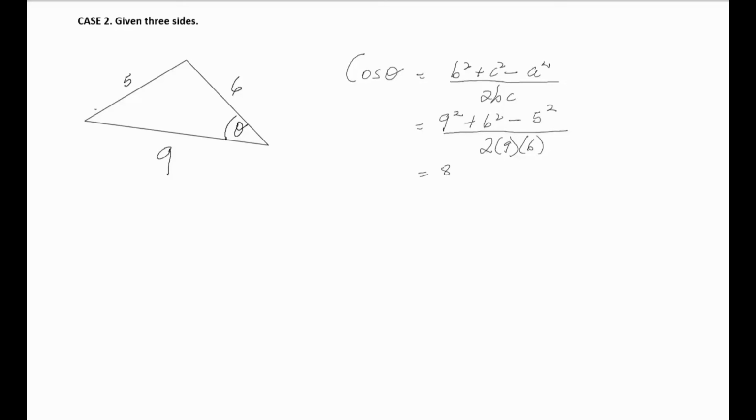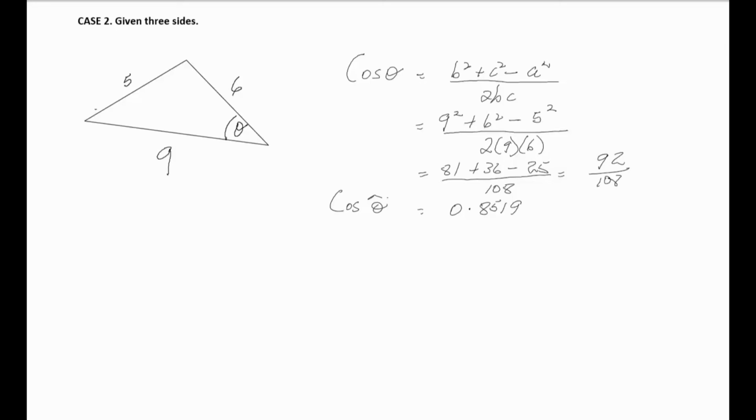This gives us 81 plus 36 minus 25 over 108. And this gives us 92 over 108. That is 0.8519. And remember, this is the cosine of the angle.